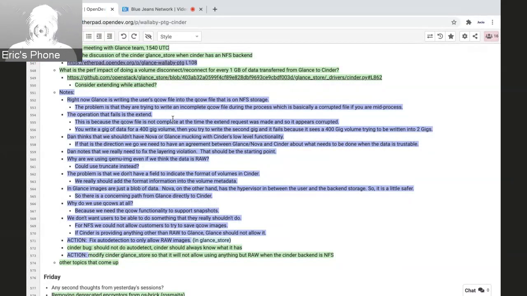But I think if I read this right, it actually disconnects the volume and reconnects to it every time between these 1 gig segments, which seems to me like it would be a huge performance loss on deployments that have a decently fast network to stream data over.